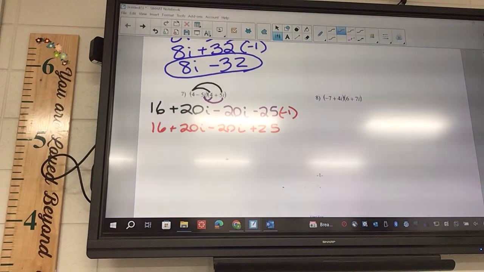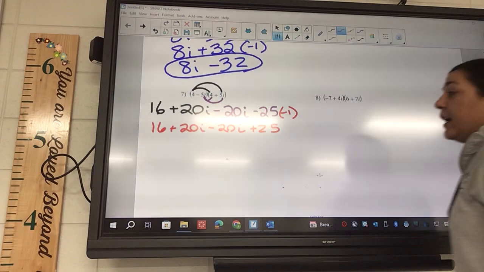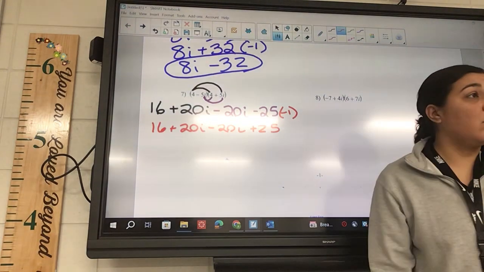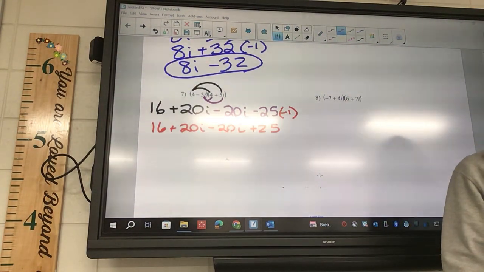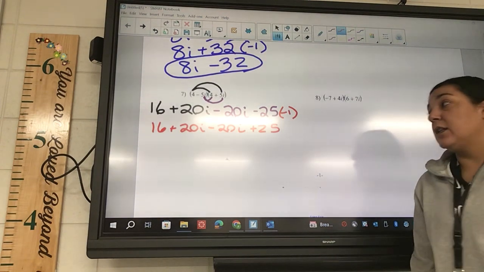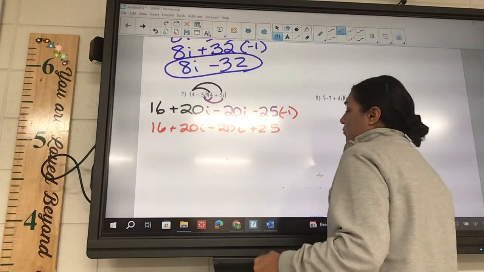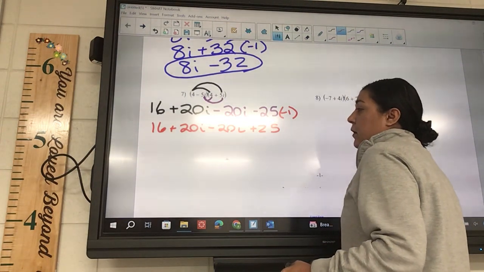Now this should look like the one we did on number 3. We can put the i's together and we can put the numbers together. So who can get put together? The 20 i's. So 20 and negative 20 is what? 0. They cancel out. And then what else can you put together? 16 and 25, which is what? What's 16 plus 25? 41.